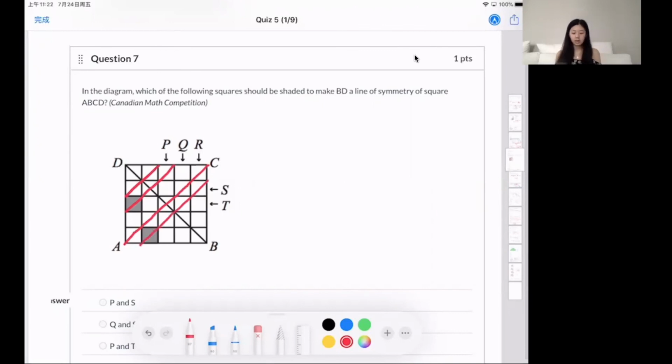Now it's very clear to see which two you need to color. So the answer is you need to color P and S.